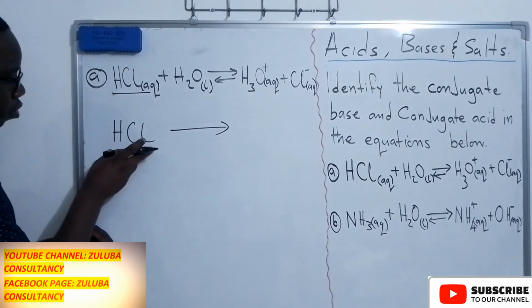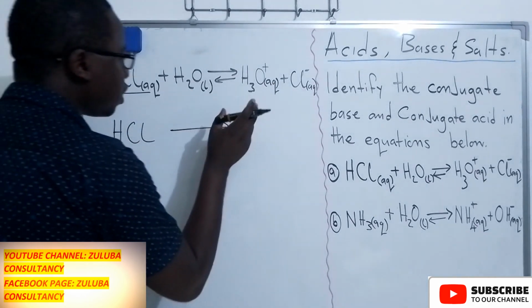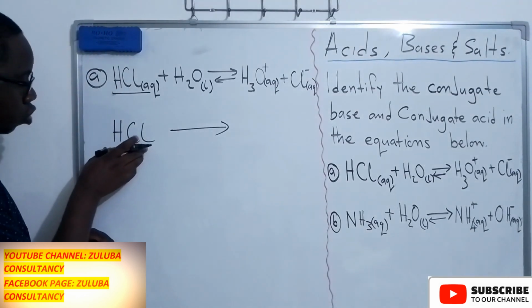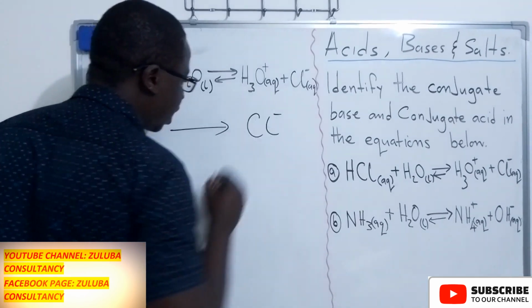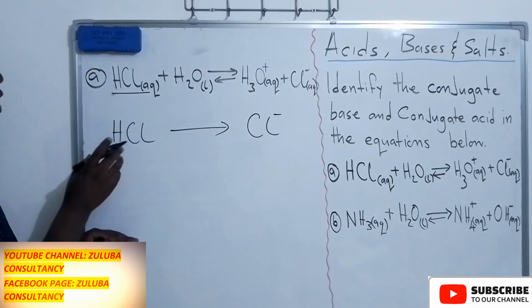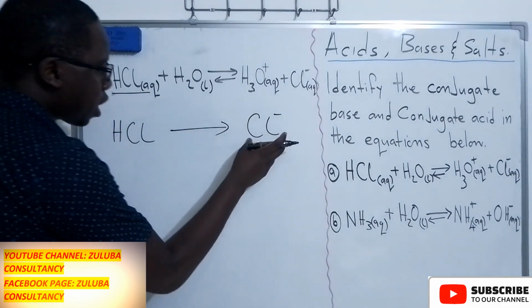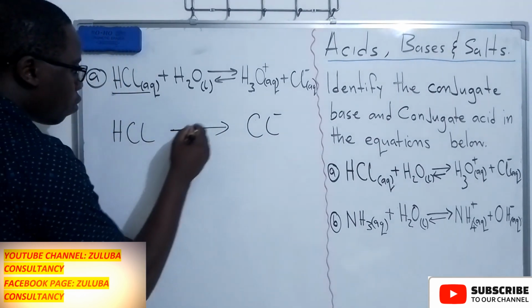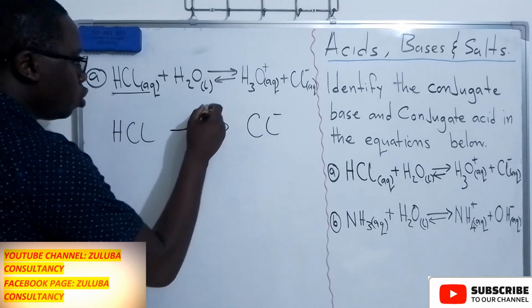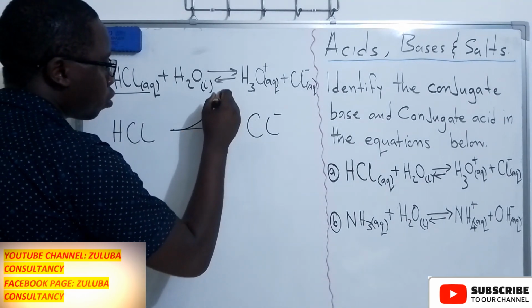Now, when you look at HCl, what is the major product that can be associated to HCl is Cl negative. Now, how is Cl negative being formed? This is as a result of HCl donating a proton.